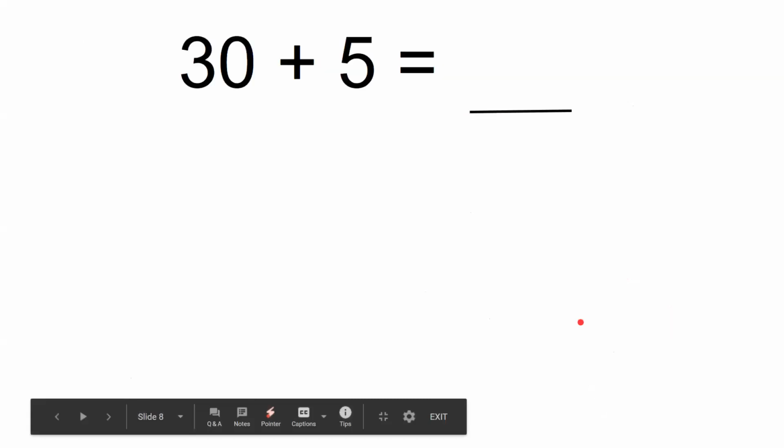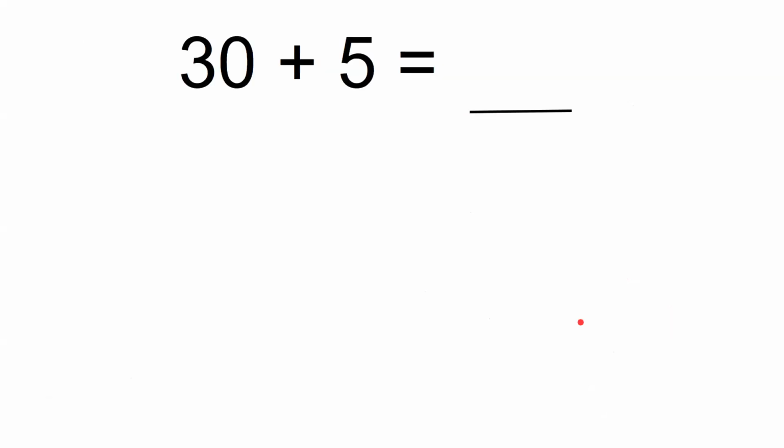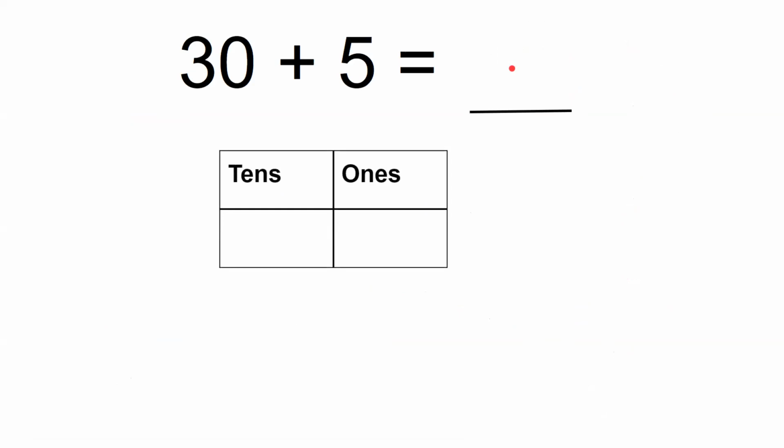Now let us try and find this number. It is 30 plus 5 and we have to find the standard form here. So what will I do? I will use the place value chart this time. I will draw it with tens and ones. Now the number here is 5, right? So for 5, where will I write it? Will I write it in tens or will I write it in ones? I will write it in ones.